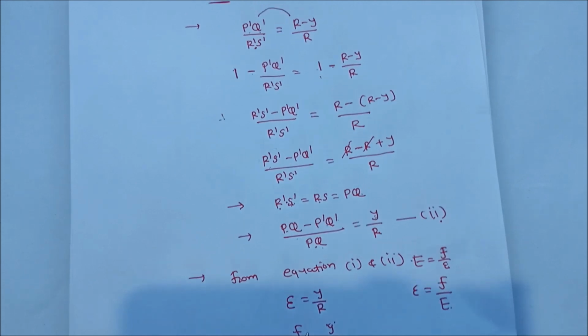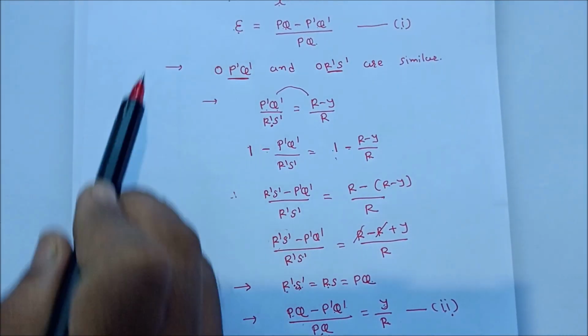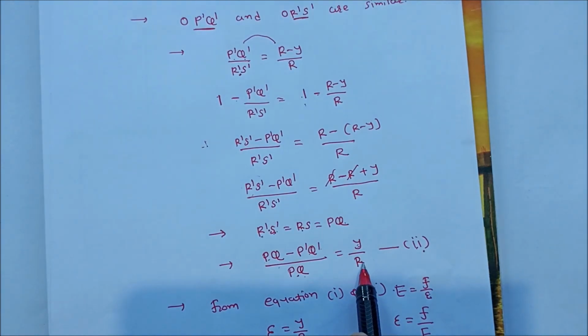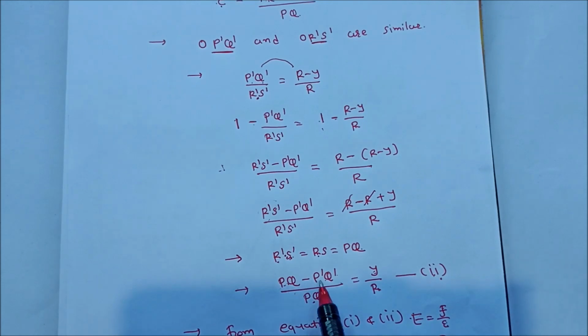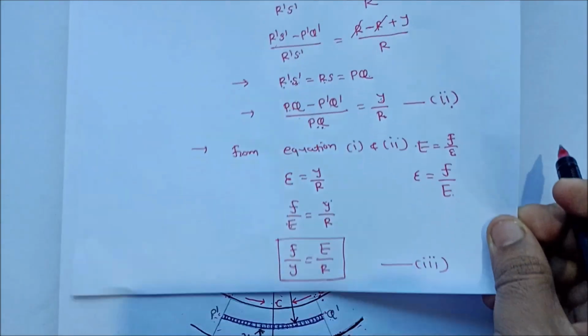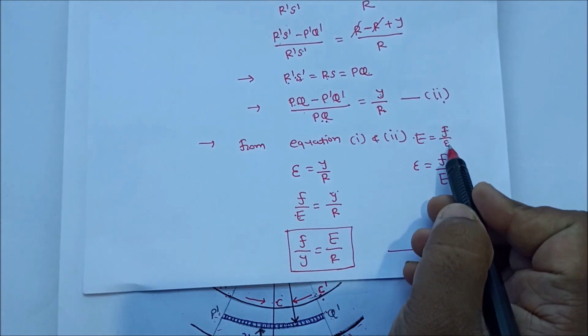So from equation number 1 and 2, it is clear that strain is equal to Y by R, because here PQ minus P dash Q dash divided by PQ. So from equation number 1 and 2, we can write strain is equal to Y by R. So what is the meaning of modulus of elasticity? That is stress by strain.